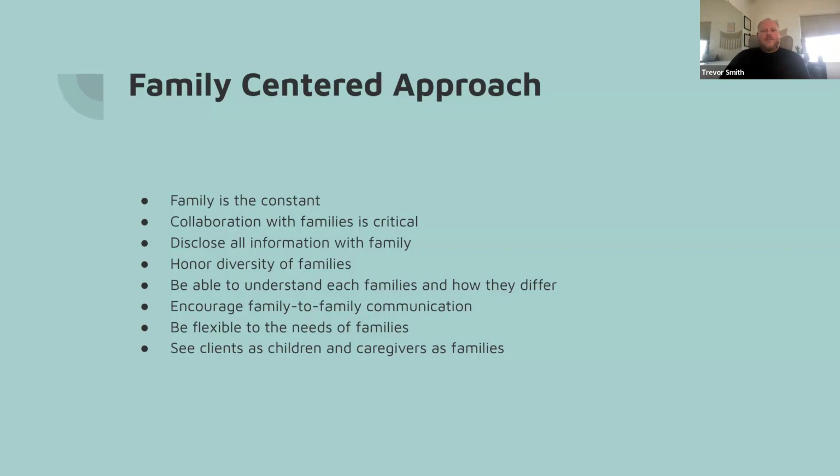Disclosing all information with family. So again, this is explaining exactly what you're doing. If you're doing an assessment, explaining what the assessment entails, why you're doing the assessment, and then when you create the intervention afterwards, why that is the intervention you chose, and what it's going to do going forward.